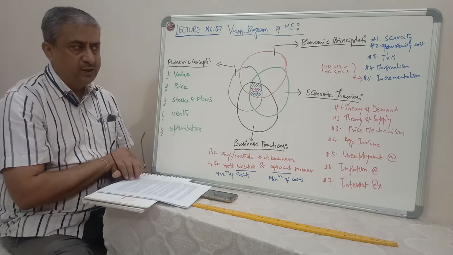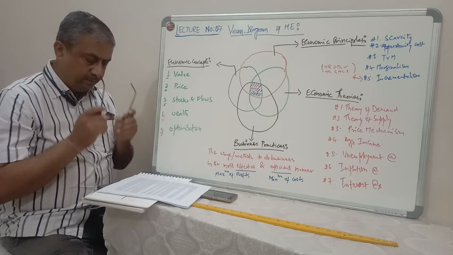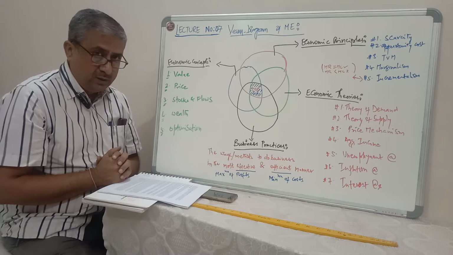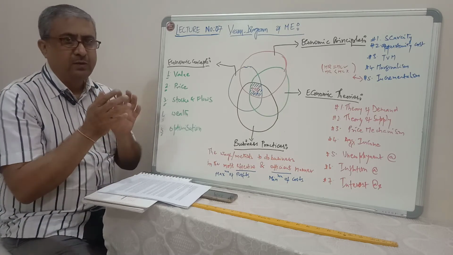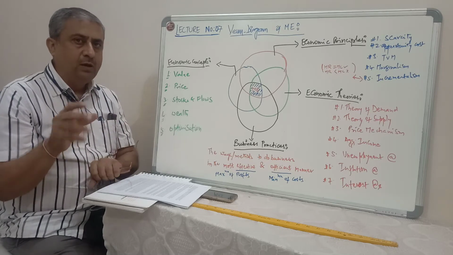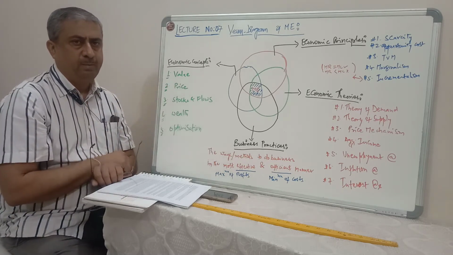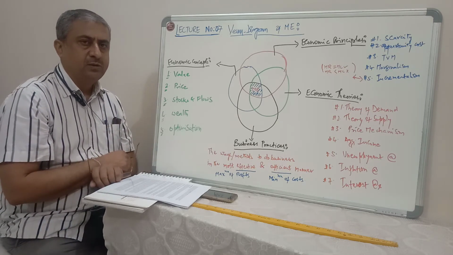So this gives rise to a theory called the price mechanism, or the leverage aspect of the price. Price is leveraged accordingly so that there is demand and there is supply. Whenever such a situation arises, the price is leveraged, right?